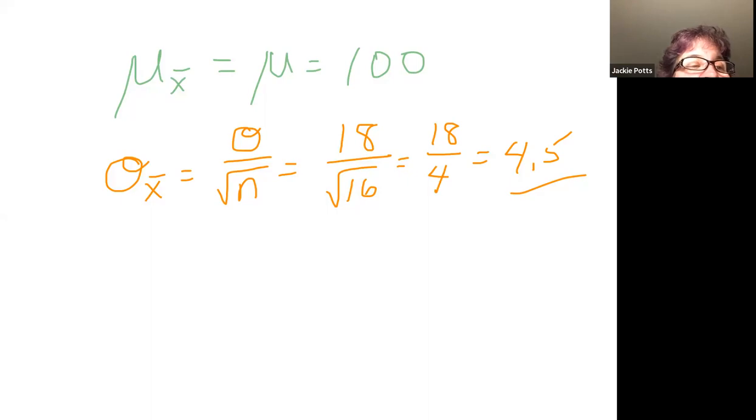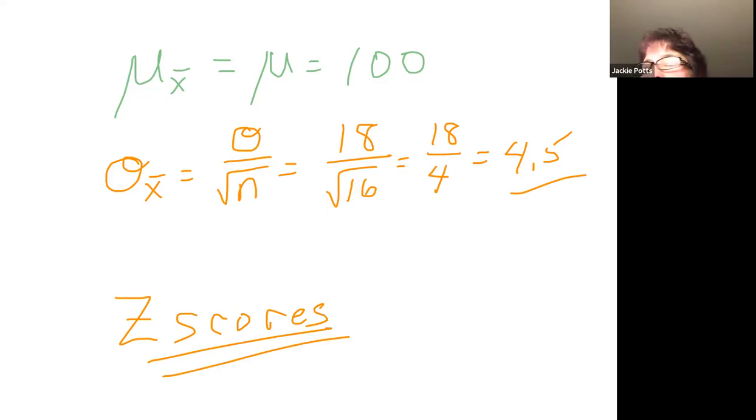So looking at example 3. Example 3 is calculator. And Mr. Toby, now's the time to teach them how to do z-scores and such on their calculator.